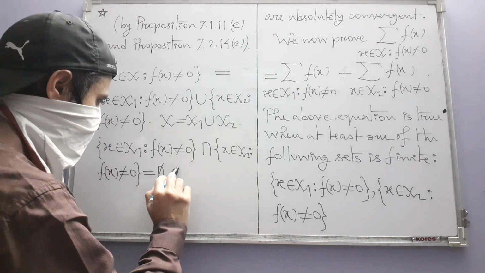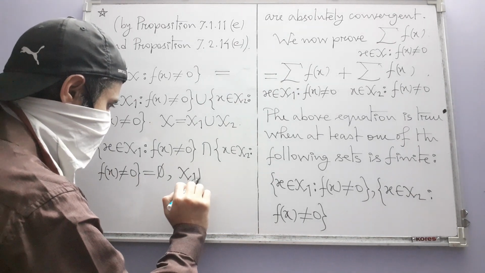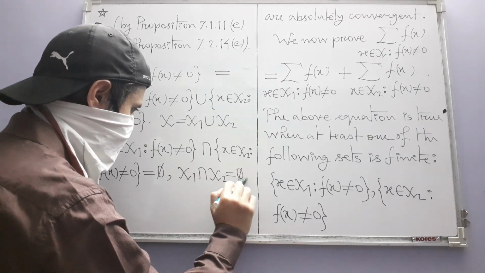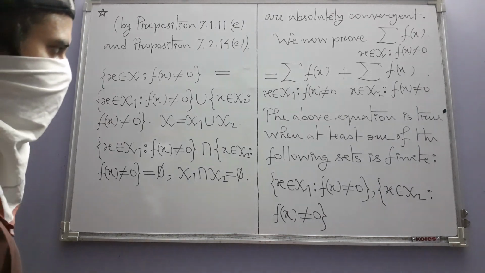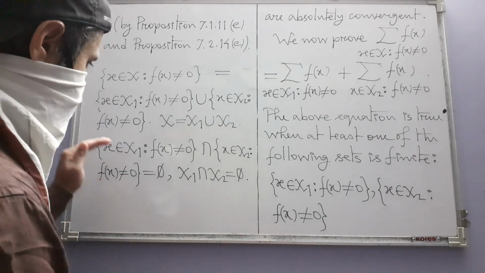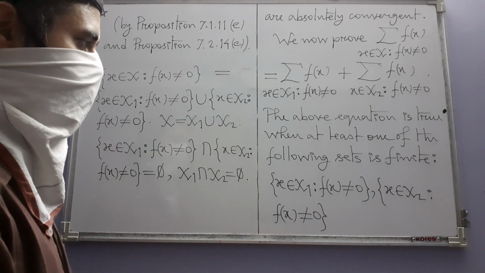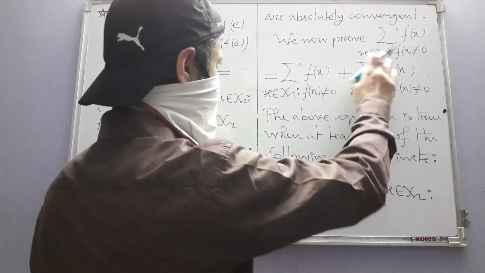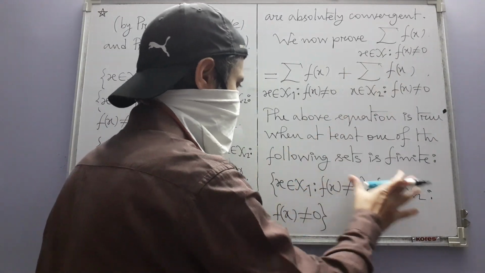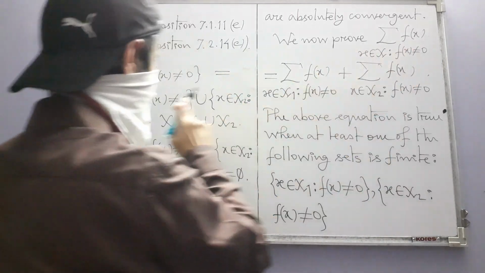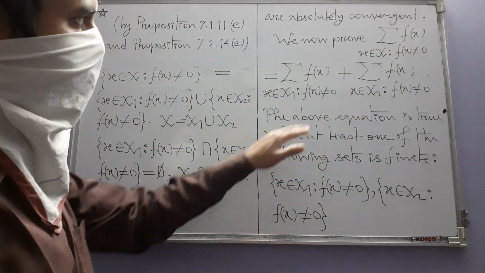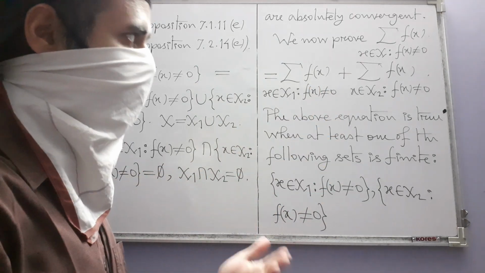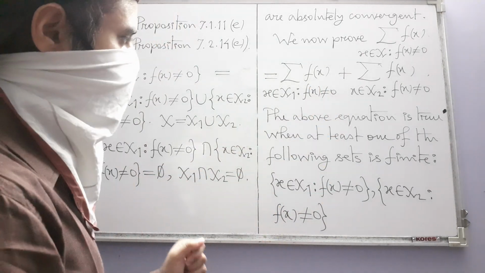That's because originally there is no point that is both in X1 as well as X2. X1 and X2 are disjoint, so these are also disjoint. So that means, if this is finite, then this is also finite. So the identity we are looking at involves sums over finite sets.